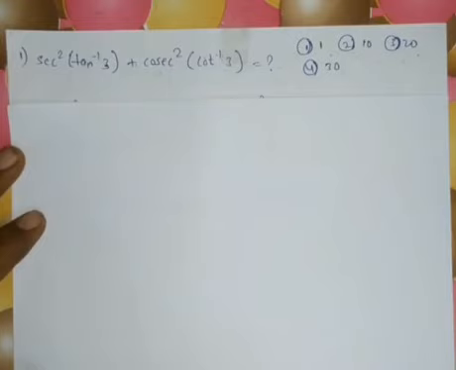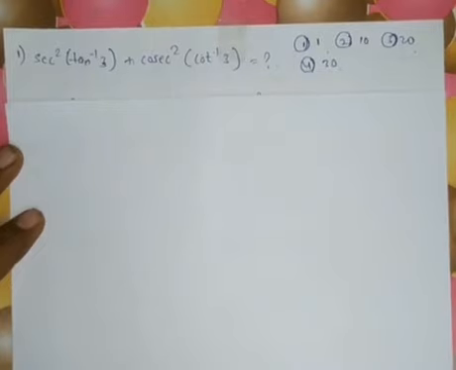So before seeing the solution, we must know some identities, because here there are secant square and cosecant square. You already know that tan of tan inverse, both functions get cancelled and we will get the inside value.